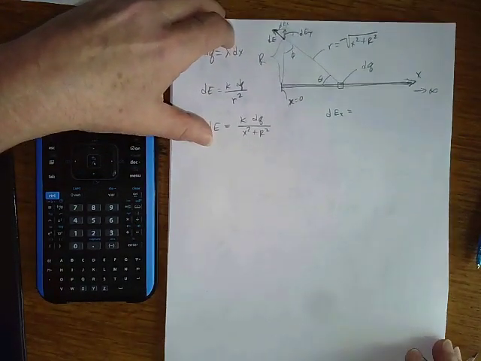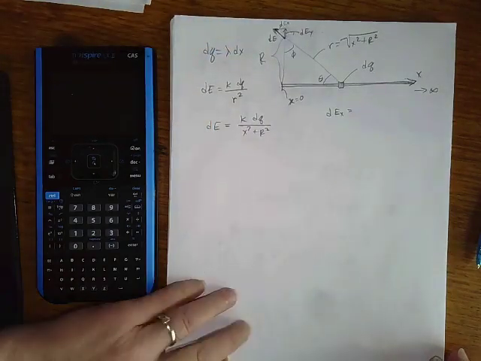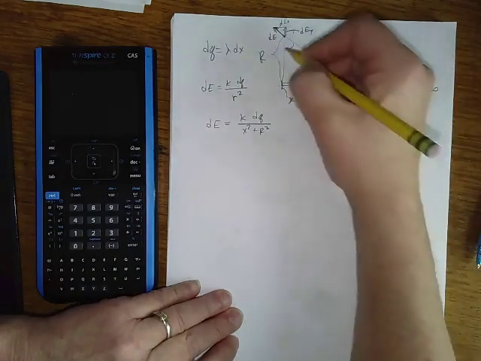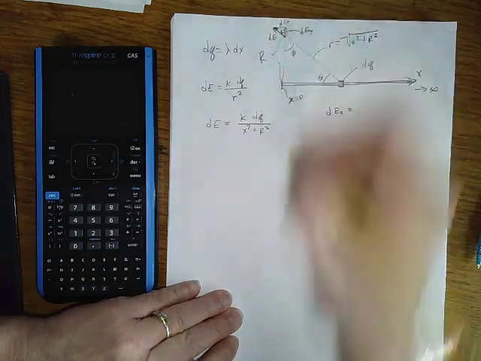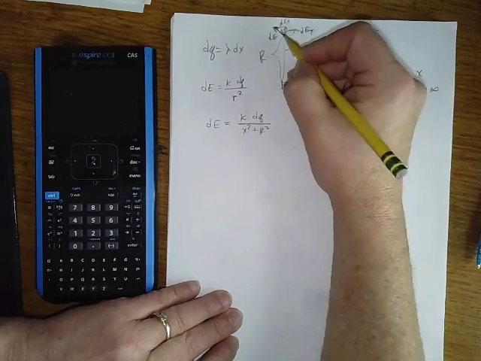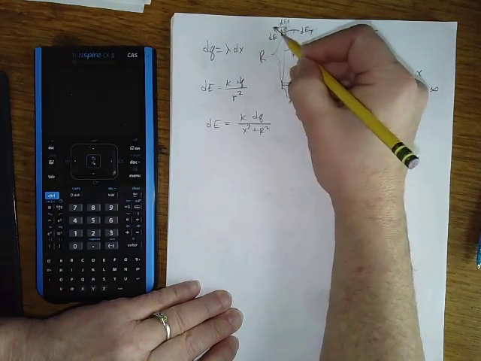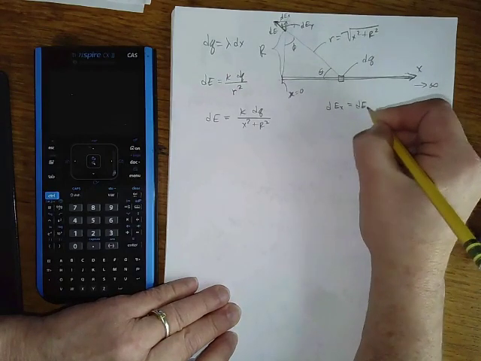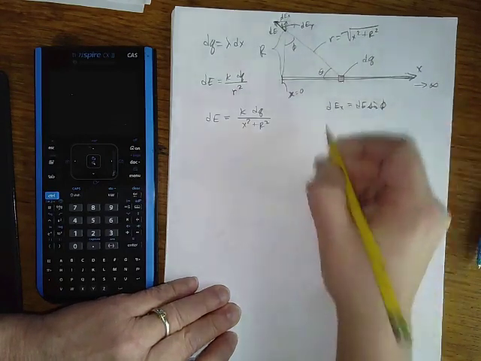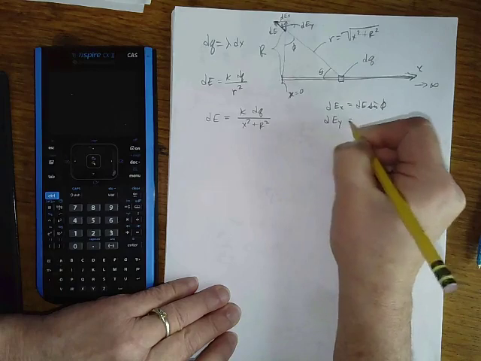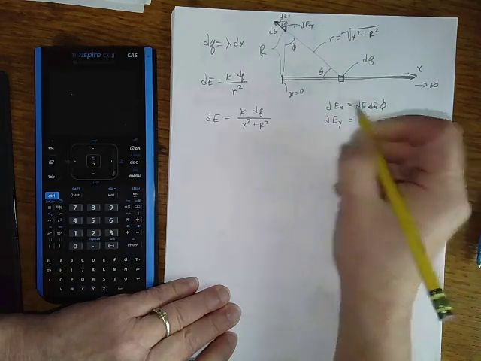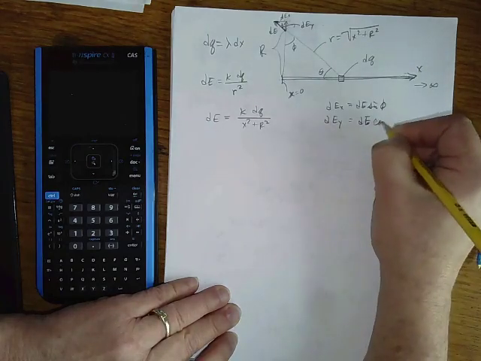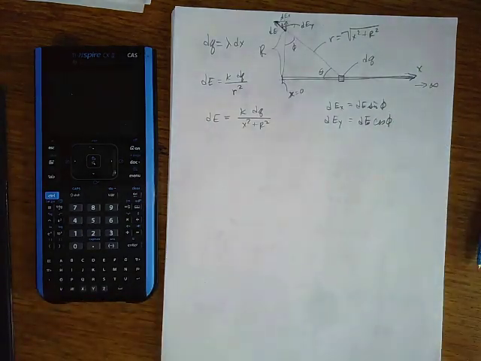And dEx is in terms of what angle? Well, we've got phi right here. So dEx, in terms of phi and dE, is the opposite side, so it's going to be dE sine phi. And similarly, dEy is going to be dE cosine phi, since y is the adjacent side.